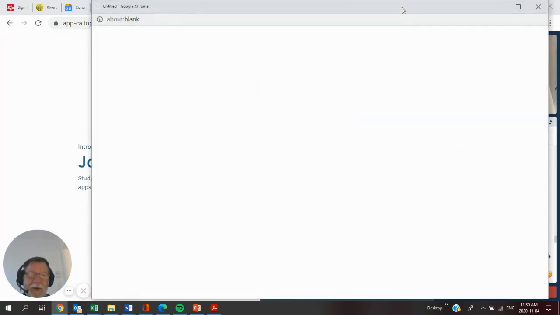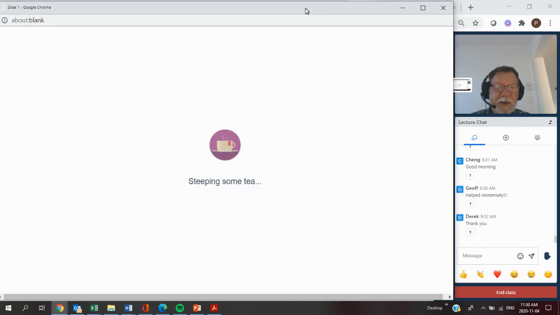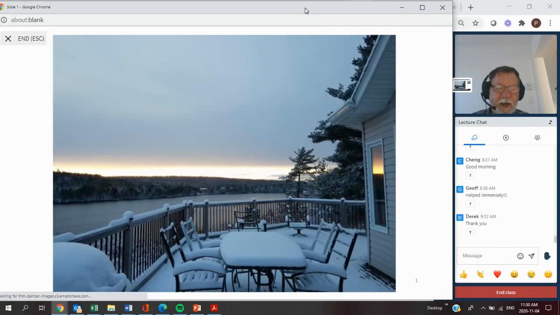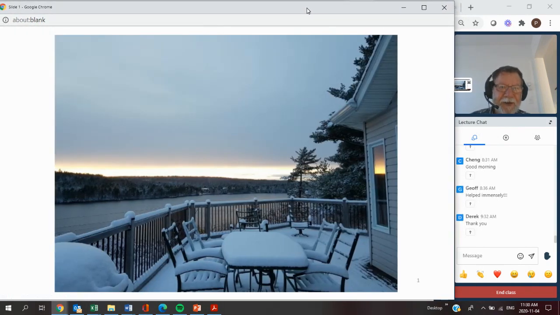So, morning, folks. Hope you enjoyed the snow yesterday. Steve sent this one along. Steve's the one that sent us the view last class from his patio on Kearney Lake. He sent another one yesterday afternoon, showing what it looked like there.